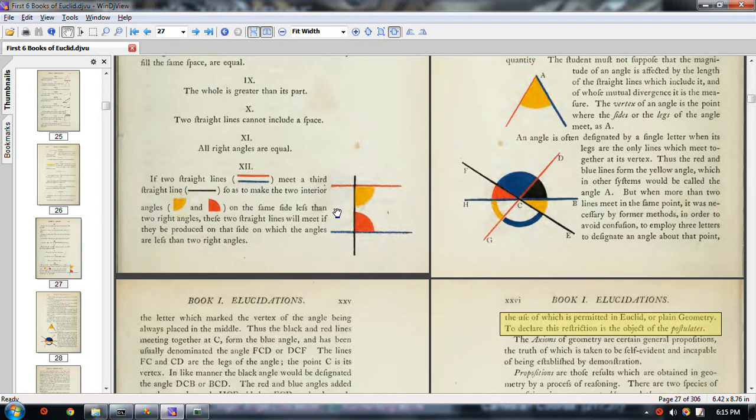Otherwise, we would have a situation where the lines meet on both sides. But I don't know. It doesn't say that.